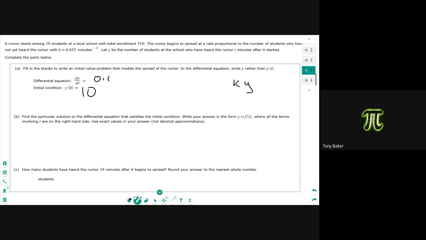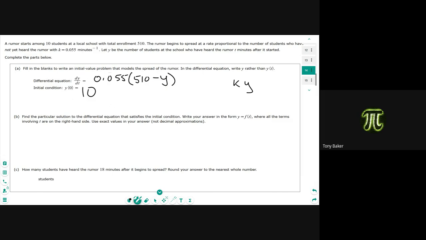So it's 0.055. Okay. How many students do I have in the school? Then it's going to be 510 minus that y. Because what we're looking for is the change in students, right?